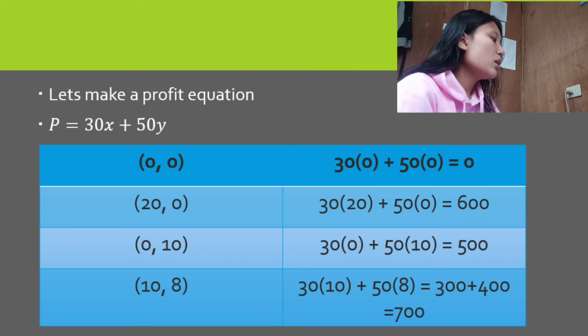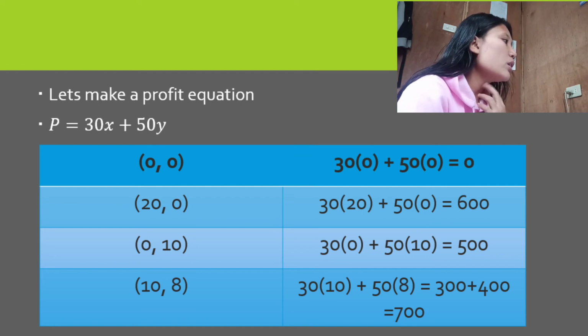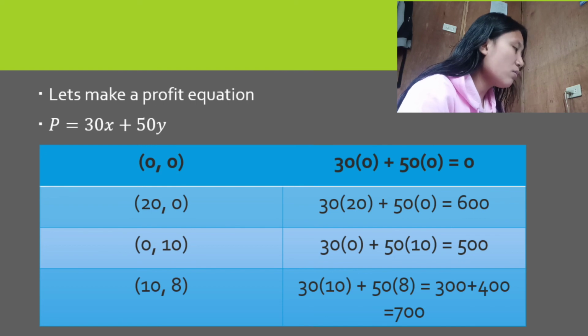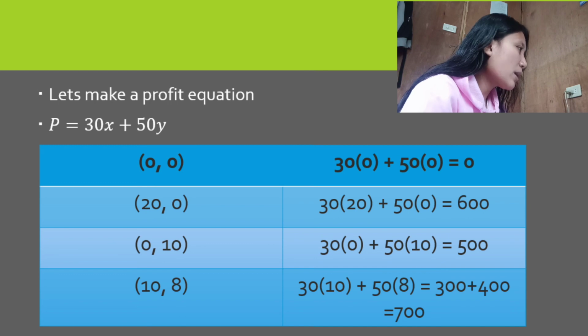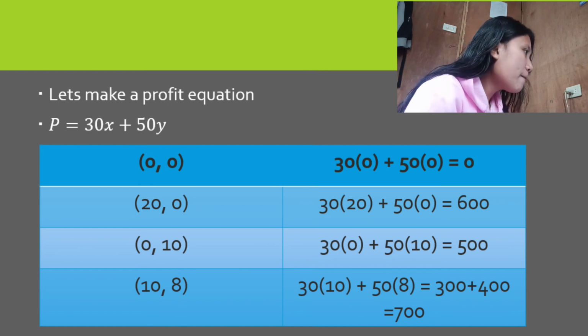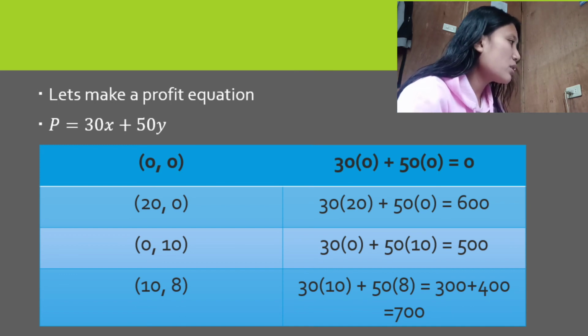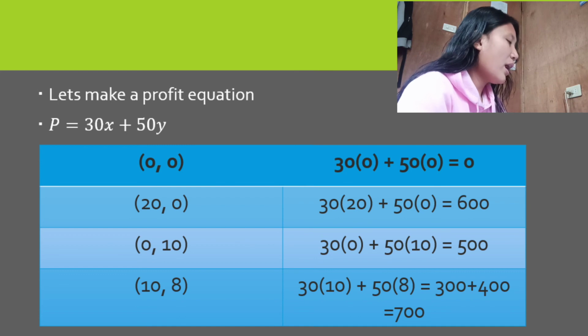The next is 0 and 10. Let's substitute again. The result will be 500. Next is 10 and 8, the intersection point. Let's substitute. 30 times 10 is equal to 300, and then plus 50 times 8 is equal to 400. So we add 300 plus 400, which is equal to 700.